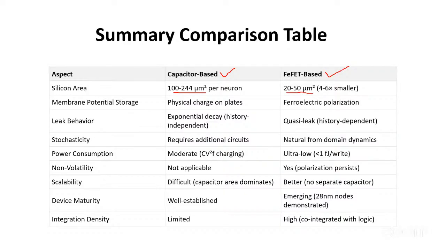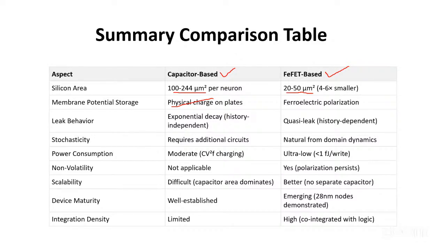It may require some additional transistors, depending on the realization, but it is significantly smaller. Then the membrane potential basically uses physical charge on the plates of the capacitor, and the capacitor here is normally the metal insulator metal, MIM capacitor, when we want to implement in CMOS technology.